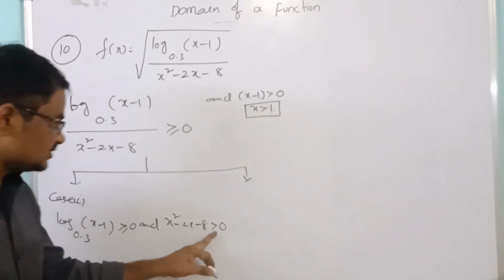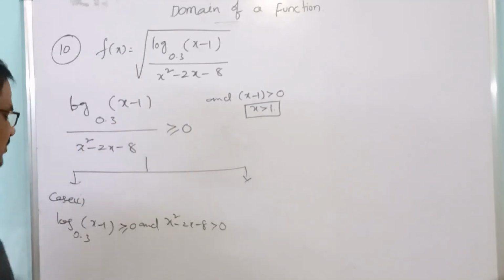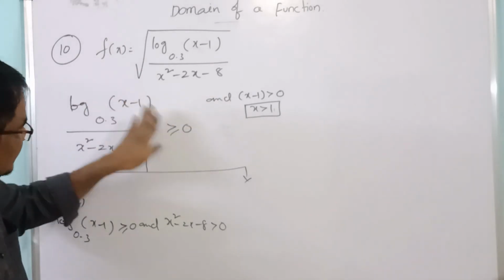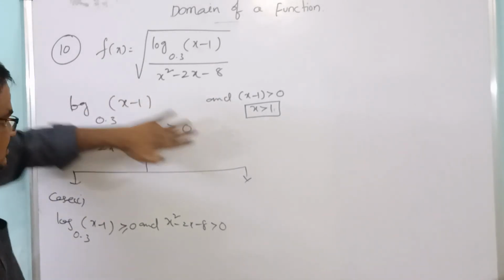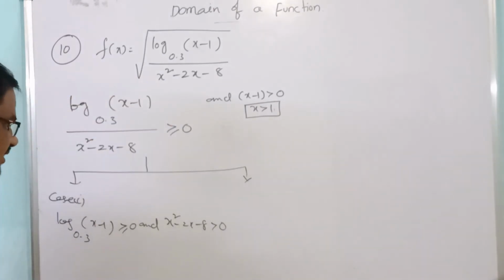It is not equal to 0 because it is in the denominator, but the numerator may be equal to 0. So in the first case, when this is greater than or equal to 0 and this is positive; in the second case, this is negative and so also greater than or equal to 0, like that you have to take.